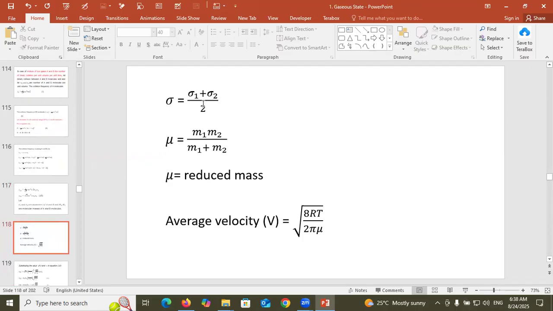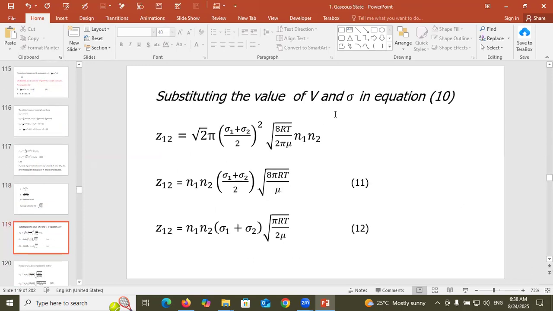So sigma equals (sigma 1 plus sigma 2) over 2, and mu equals m1 m2 over (m1 plus m2), where mu is the reduced mass. The average velocity is root under 8RT over pi mu. Substituting the values of v and sigma in equation 10, we can write Z12 equals root 2 pi ((sigma 1 plus sigma 2) over 2) squared times root of 8RT over pi mu n1 n2.